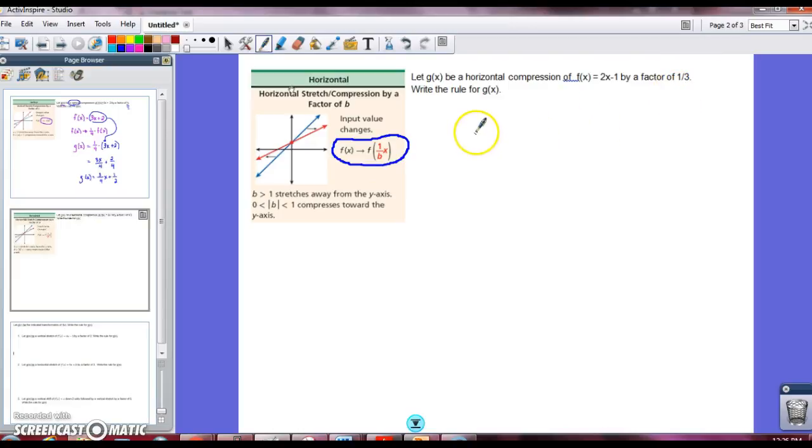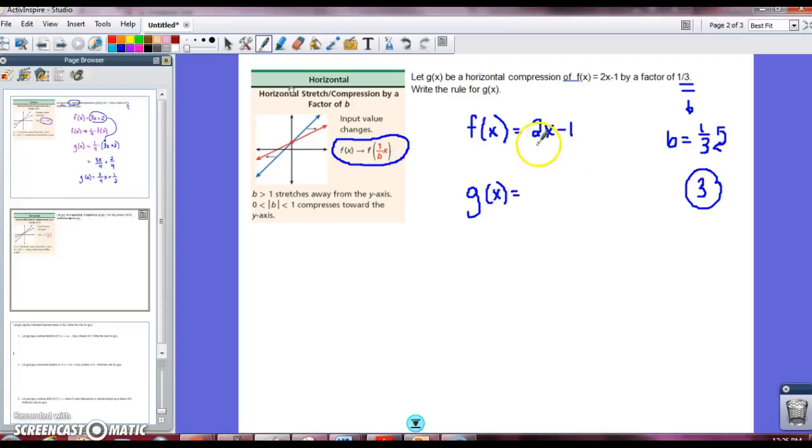So let me explain to you what I mean. We have this function, f of x is equal to 2x minus 1. Our scale factor here is 1/3, so b is 1/3. If I flip that over, it becomes 3. That flipped part is what I substitute in for x. Okay, so my new g of x then, instead of 2x, I now have 2 times 3x.